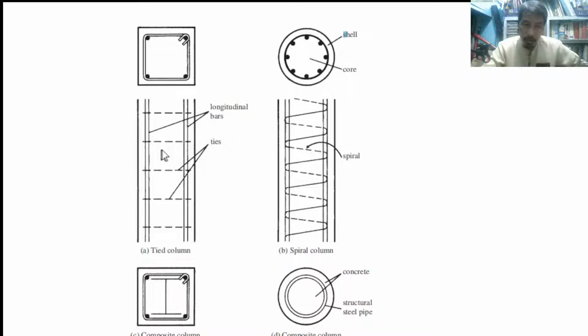The ties or this horizontal reinforcement. We have the vertical or longitudinal and we have this transverse. Okay. Like this, that look like this. This is the what? The ties.